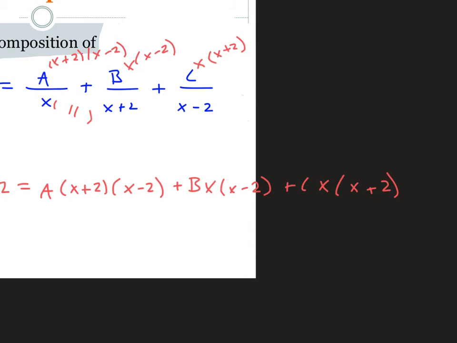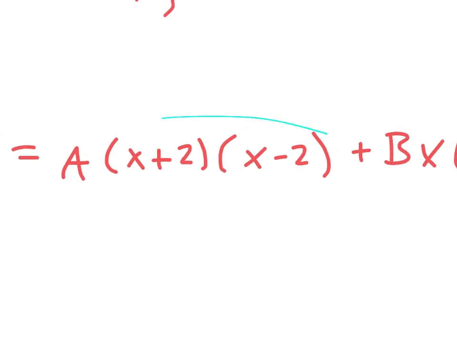So what value could we plug in for x, just looking at this here, that would make a cancel out? Remember, if this is equal to 0, or if this is equal to 0, the whole thing cancels out.